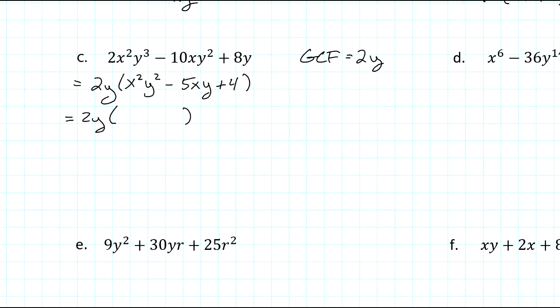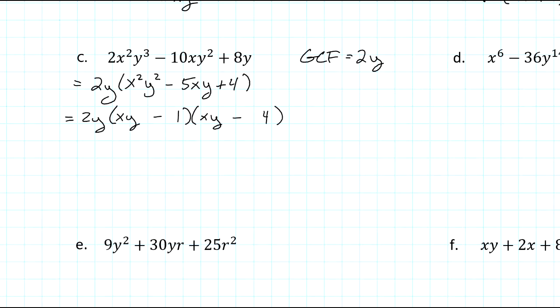My x squared y squared in the first term, I think that means I need an xy in the first position of both of my sets of parentheses. And then we need a 4 at the end, so I could do 2 and 2, or I could do 1 and 4. I'm going to use a 1 and 4 because they add to 5, which is what I'm trying to get in the middle term there. If I do a minus 1 and a minus 4, then I will get the middle terms.